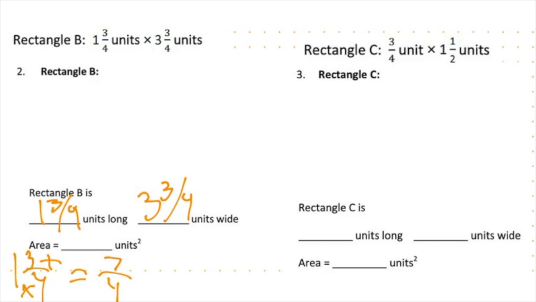Then you have 3 3/4. 3 times 4 is 12 plus 3. 12 plus 3 is 15/4. So we're multiplying 7/4 times 15/4. Press pause, multiply your improper fractions, and then create the mixed number. Press pause, go.